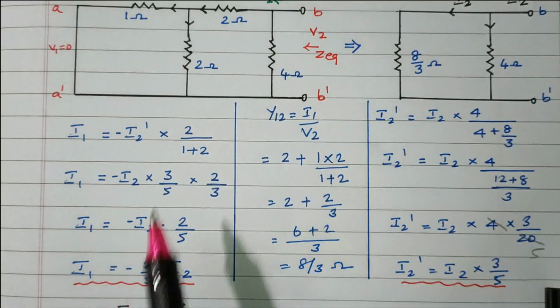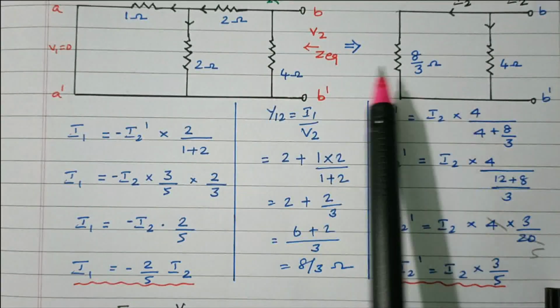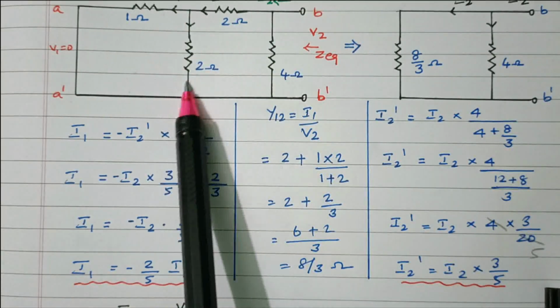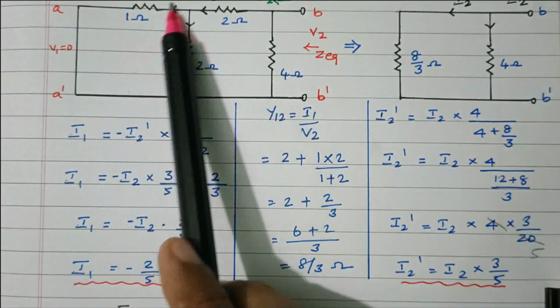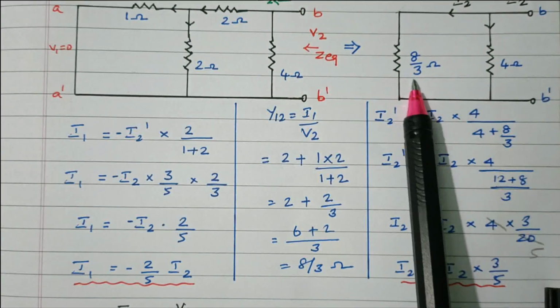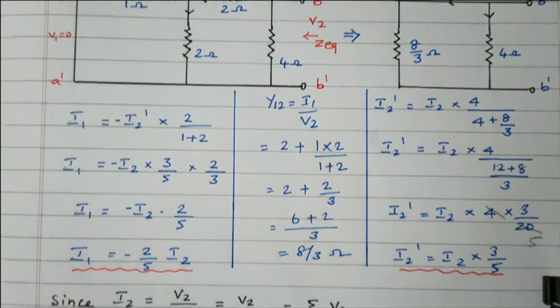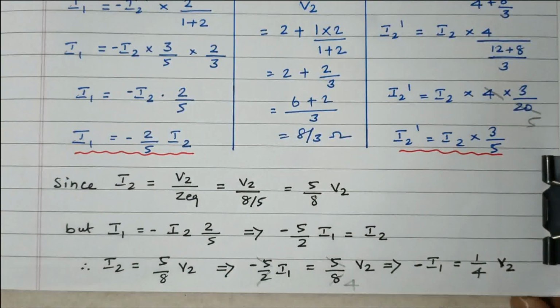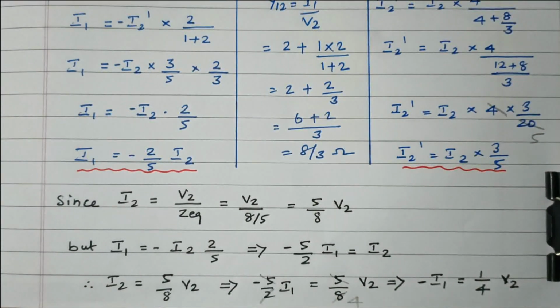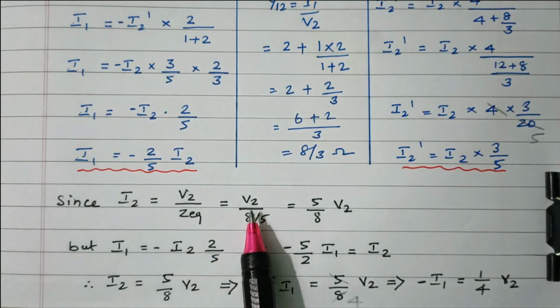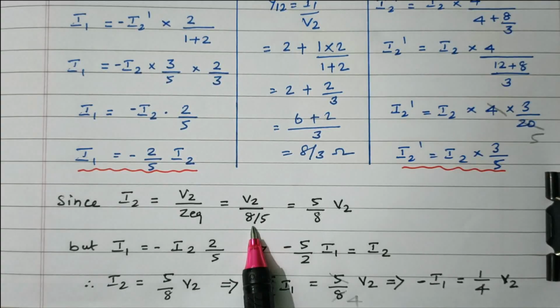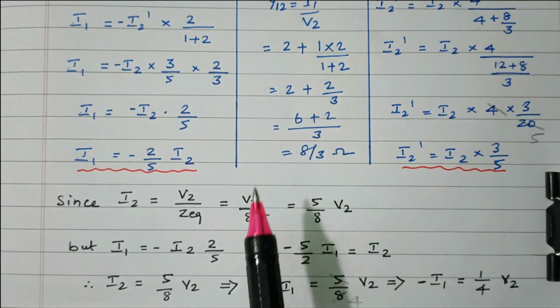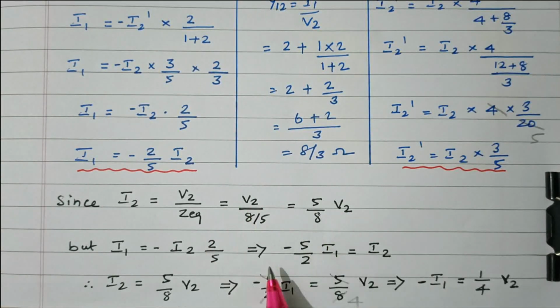So here we calculated in two stages. First this portion is calculated, then after simplification this portion is calculated. Now we go for further simplification. I2 equals V2 divided by Z equivalent, that is V2 divided by 8 by 5, which we already calculated in the previous parameter.